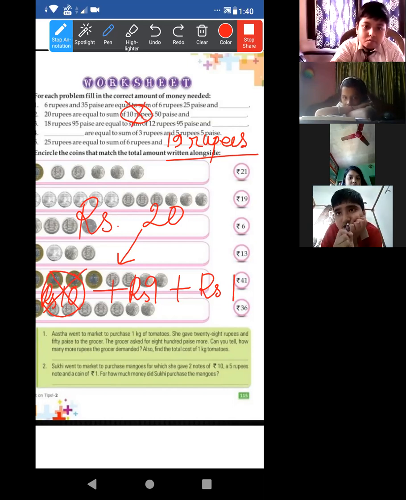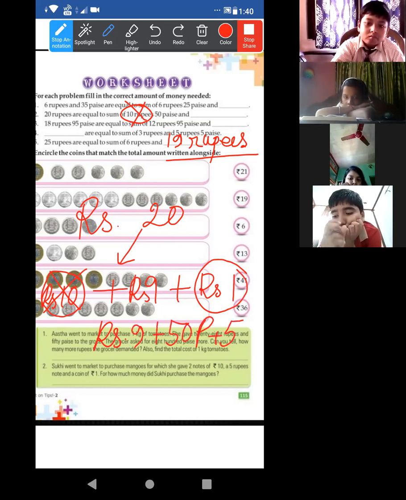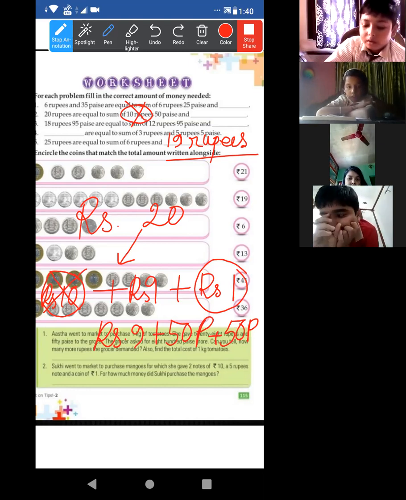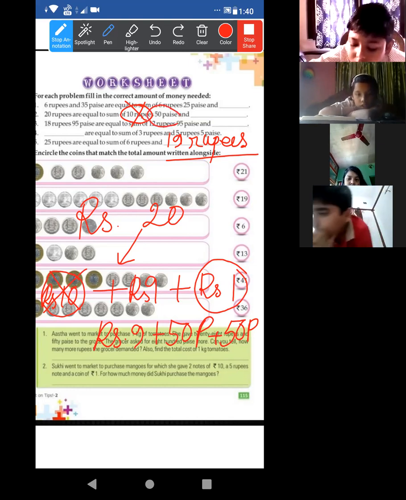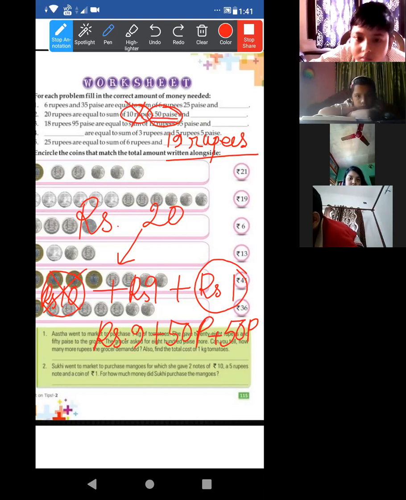Now for this 1 rupee, Orkopriya, we can write 9 rupees plus 50 paise plus 50 paise. Yes or no? Because 1 rupee means 100 paise, no? Now look, 50 paise is also given over there. So cross it.